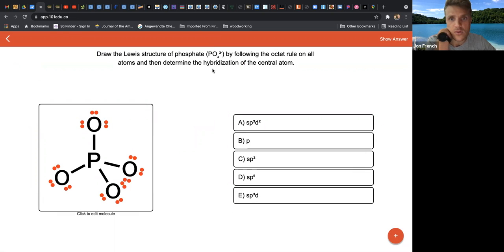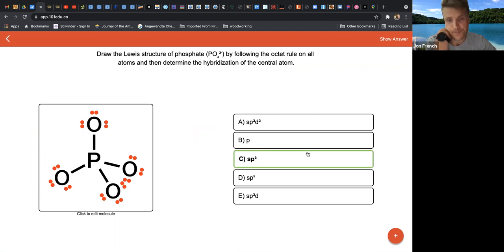So the hybridization on the central phosphorus is sp3, based on the 4 electron domains around that central phosphorus. Following the octet rule, we haven't broken the octet rule for anything in that structure.